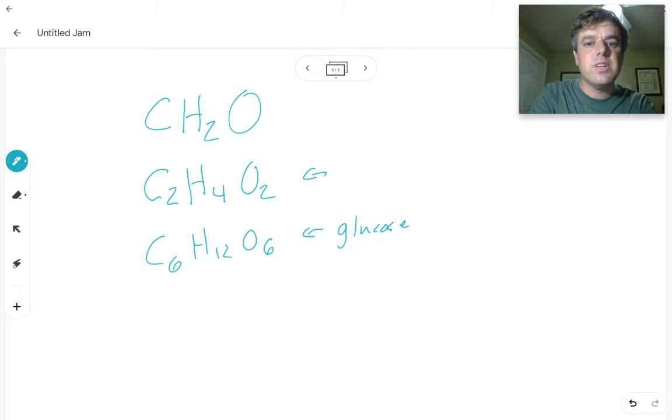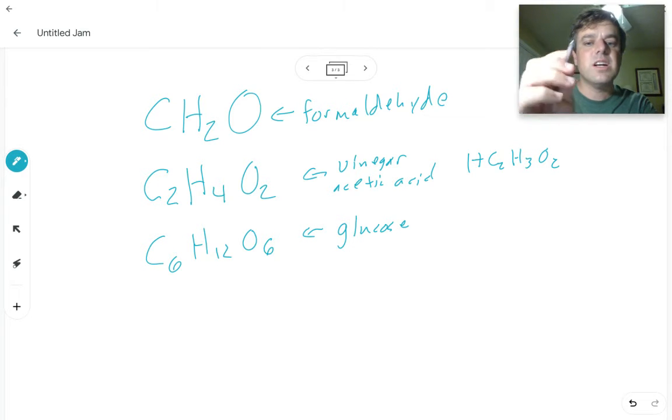This is vinegar or acetic acid, because if I rewrite it as HC2H3O2, you can see that's the same thing. It's 4 hydrogens. And this is formaldehyde.